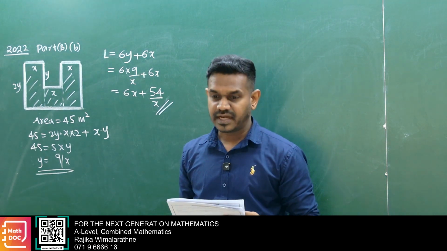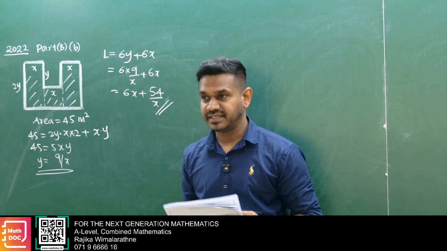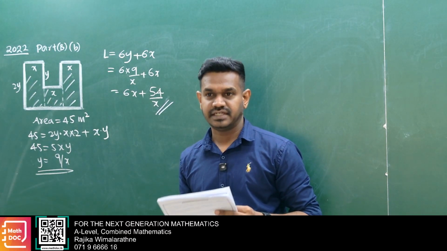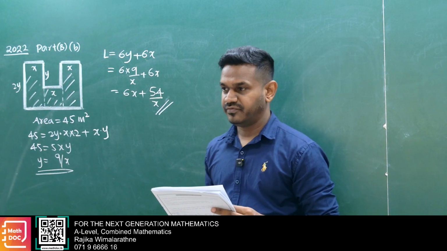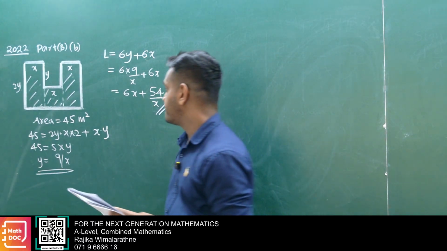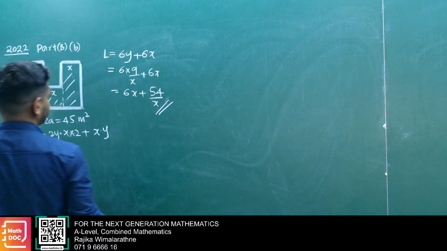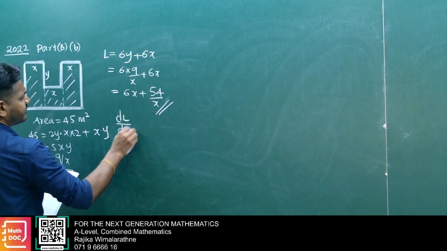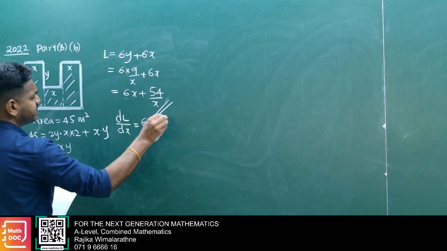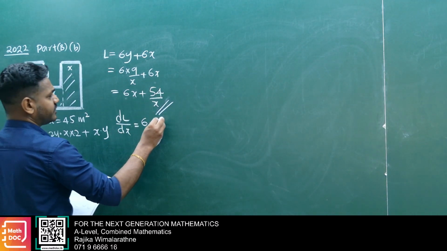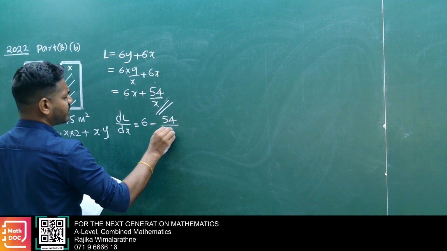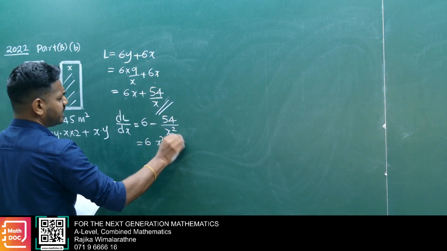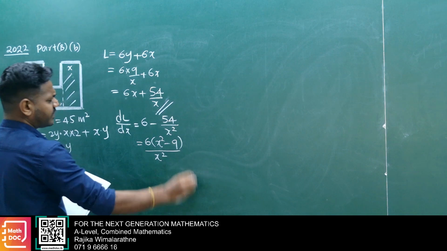Now we have to minimize the perimeter L. Now that it is in a single variable, you differentiate the function. Then check dl divided by dx: derivative of 6x is 6, and of 54 over x is minus 54 over x squared. Then take 6 outside: 6 times x squared minus 9 over x squared.